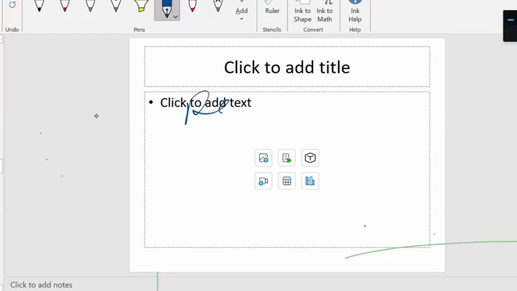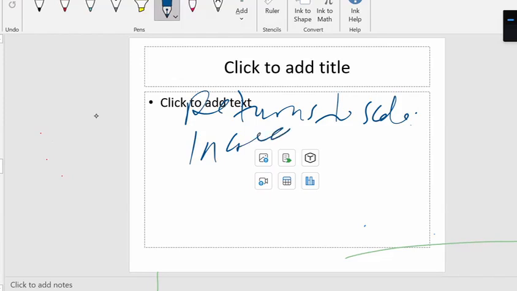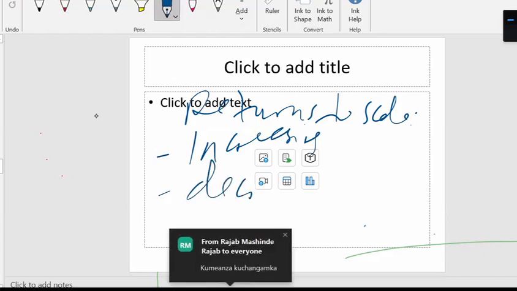Return to scale inaweza ikawa increasing, ikawa decreasing or constant. Hapa tunaangalia kiwango cha mapato au cha output kilichoongezeka.